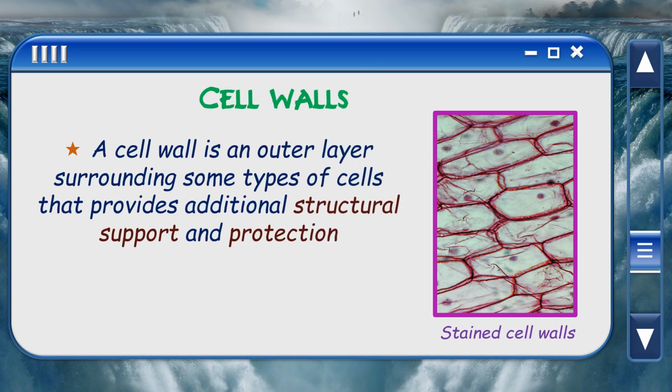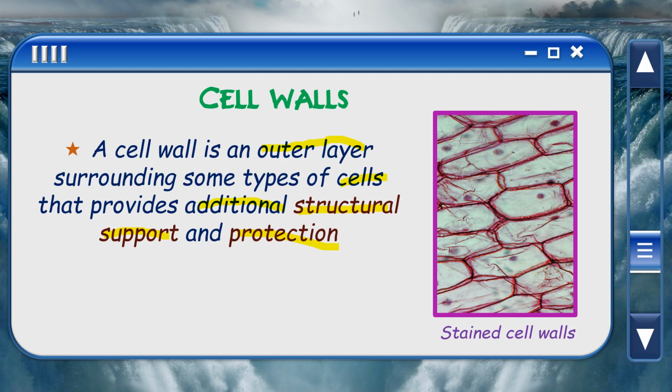Let's look at the cell wall. A cell wall is an outer layer surrounding some types of cells that provides additional structural support and protection.